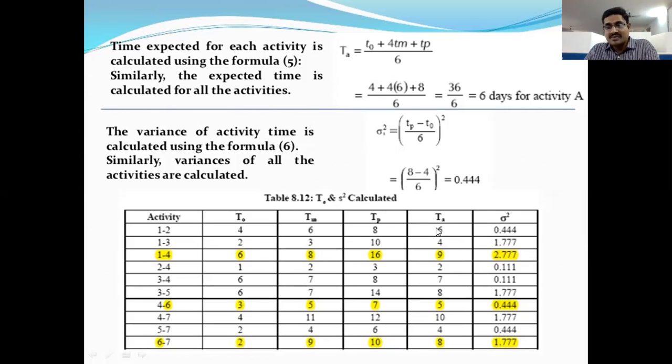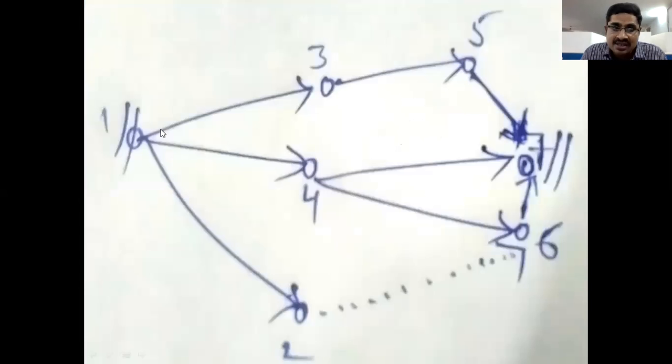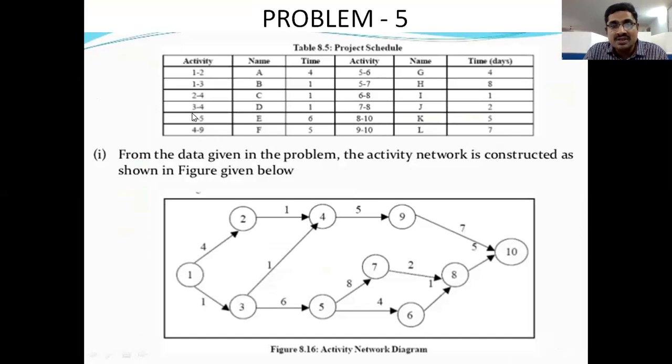Now, these timings are mentioned in these activities. Suppose in the previous problem, for activity 1 to 2, they give only a single time. Then this time is mentioned on this arrow, between these 2 points: 4.